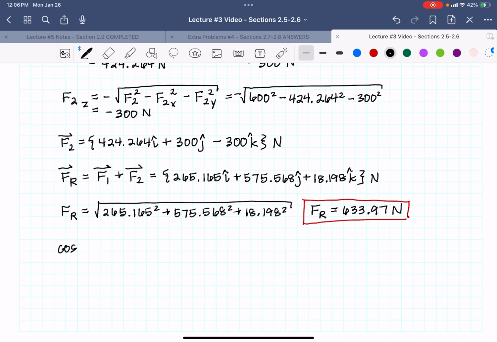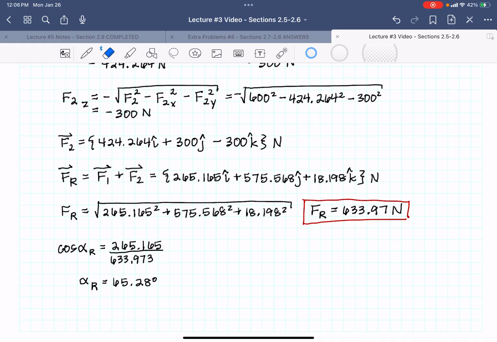So cosine of alpha R, for resultant, is going to be the x component over the resultant, which is 633.973. And when I take the inverse cosine, alpha is 65.28 degrees.